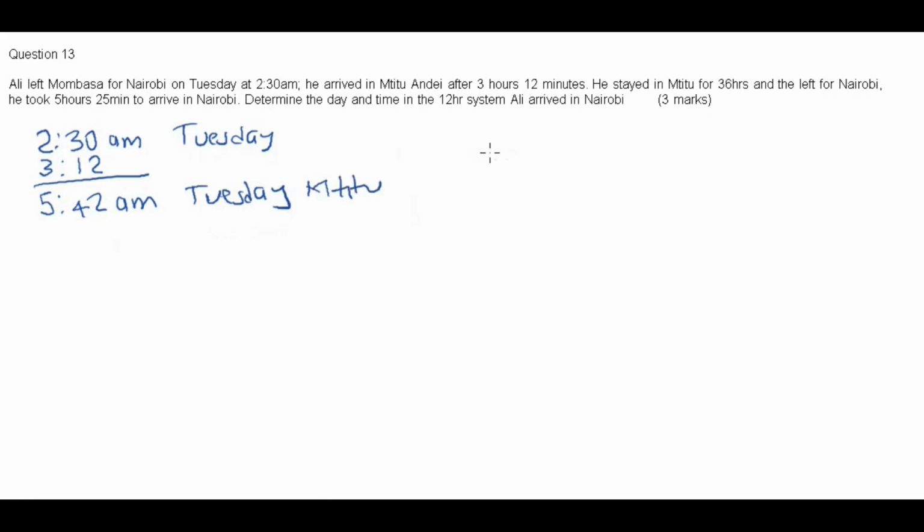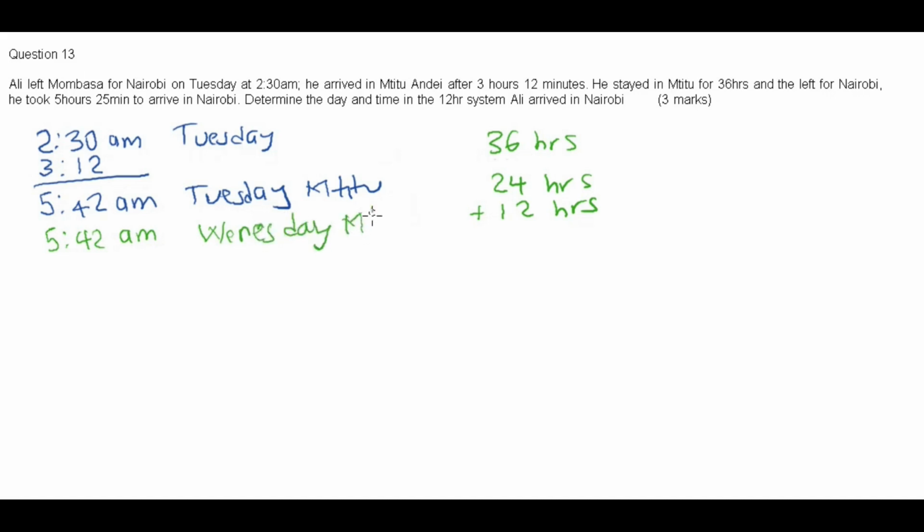So he stayed in Mtito for 36 hours. 36 hours is 1 day, 24 hours, plus half a day, that is 12 hours. So if it was on a Tuesday, then you add 1 day, it will still be 5:42 a.m. but on a Wednesday, still in Mtito.